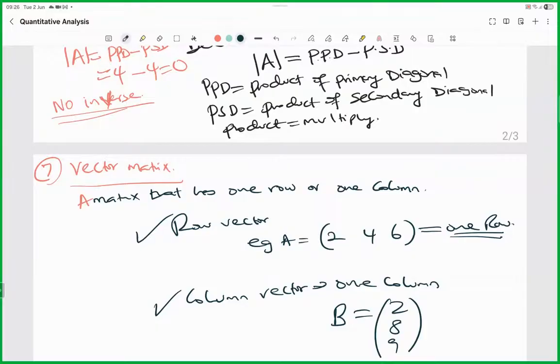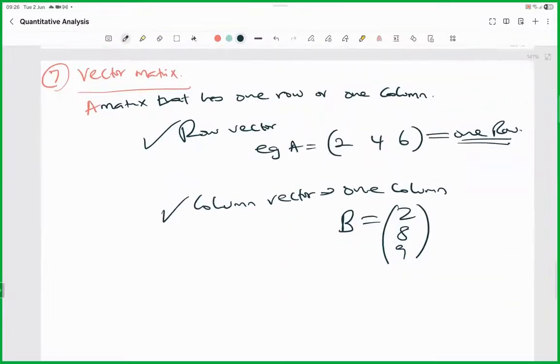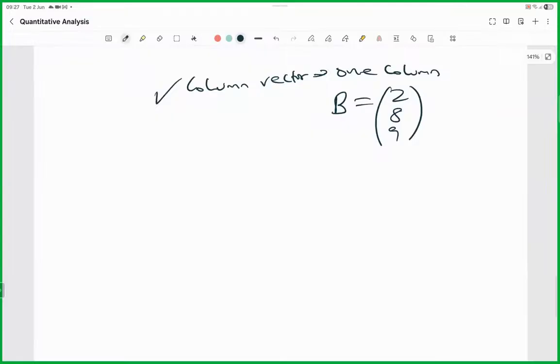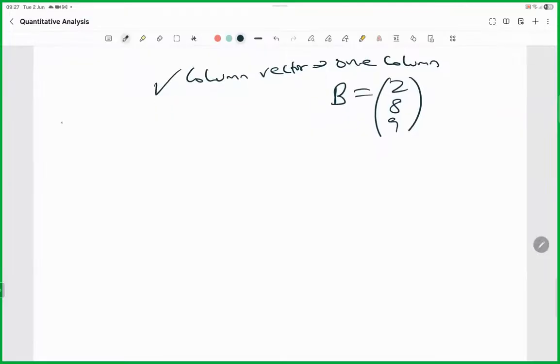Now, I would want to go to the algebra. There are so many types of matrices. At times I've seen this in your past papers just now, your examiner telling you something to do with a null matrix.